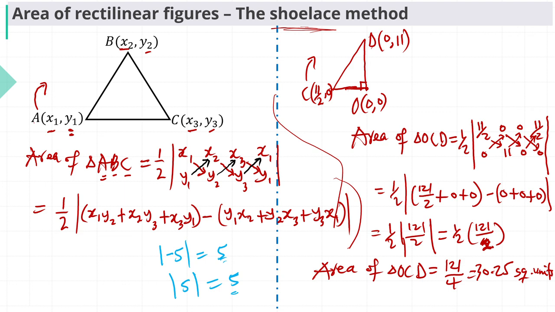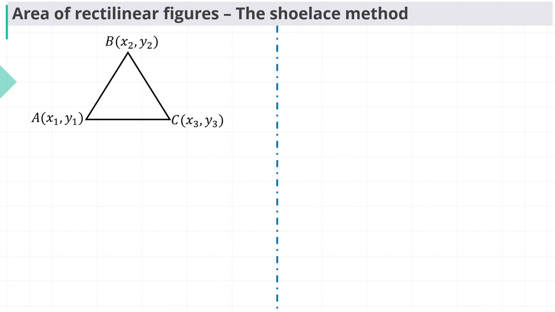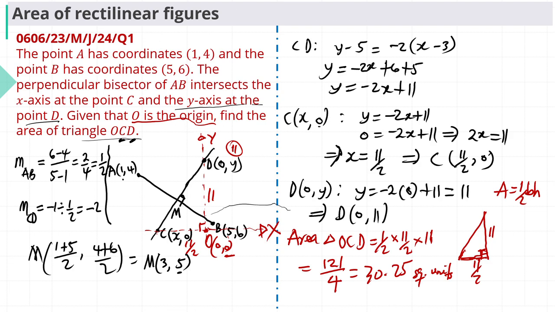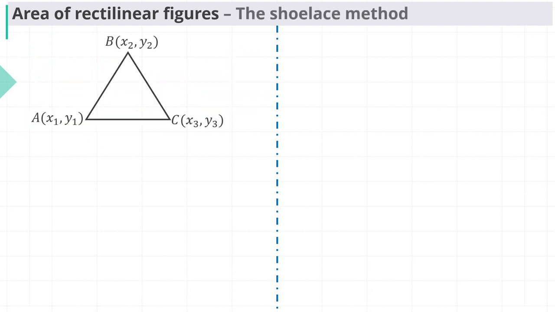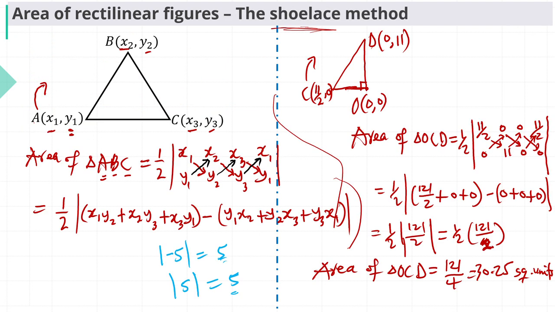This was the answer we had when we used the formula area equals half base times height to solve. So any of these two methods will give you the same results. Okay.